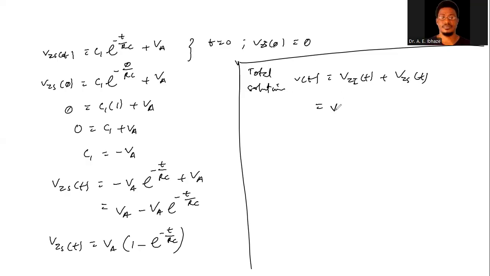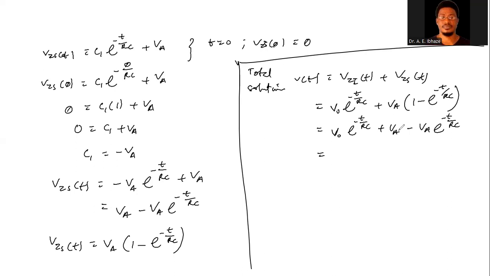This is going to give us V naught exponential minus t over RC plus VA into bracket 1 minus exponential minus t over RC. So we can also open this up to say V naught exponential minus t over RC plus VA minus VA exponential minus t over RC.